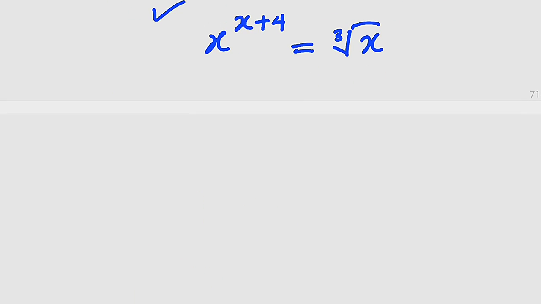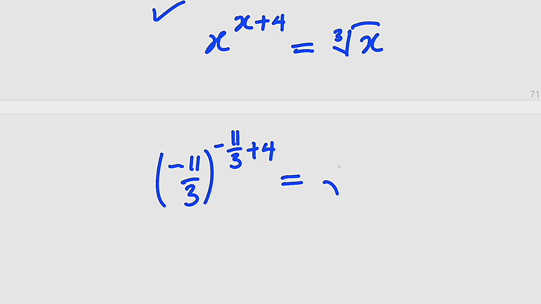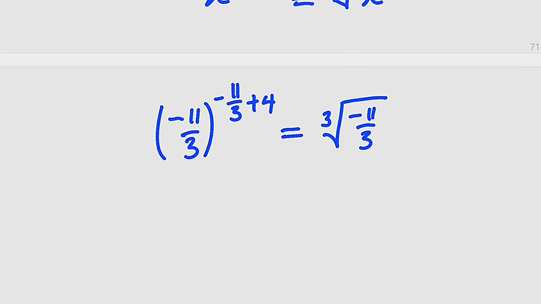Now let us take negative 11 over 3. If x is negative 11 over 3, we have negative 11 over 3 to the left, raised to the power of negative 11 over 3, then plus 4. And this is equal to the cube root of negative 11 over 3. Let's simplify the left hand side and see whether it is the same thing as the right hand side.